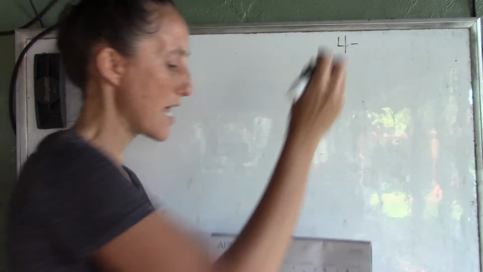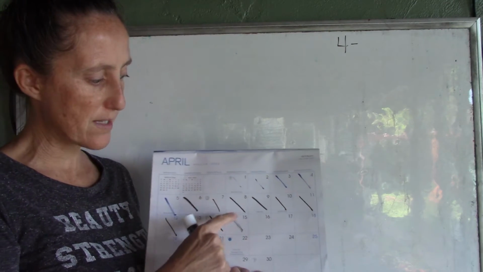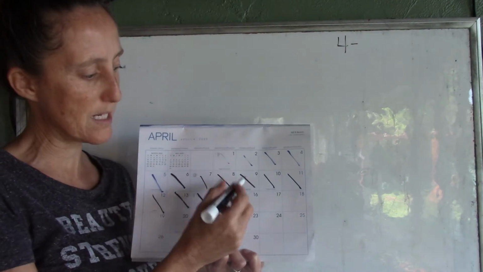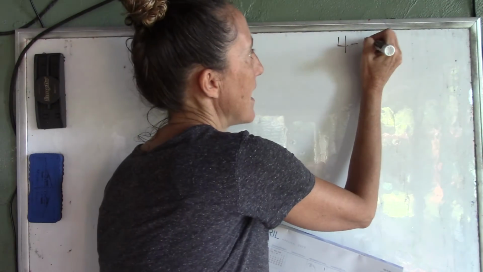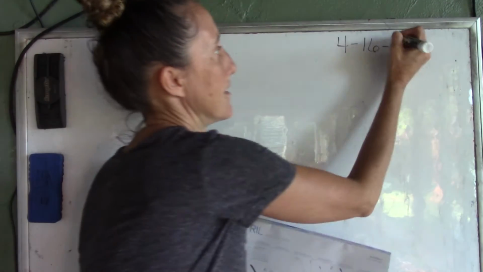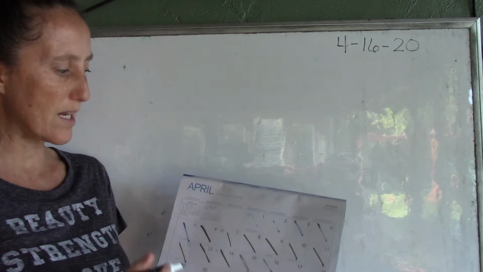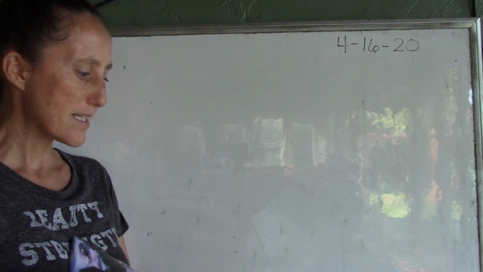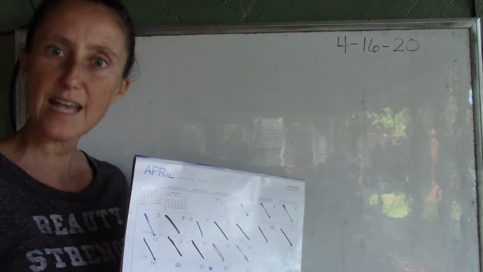Okay, so 4. And then it is, what yesterday was 15, so which means today is 16. And it's still the year 2020. Got it, 20. So April 16, 2020, and the days of the week are Sunday, Monday, Tuesday, Wednesday, Thursday, Friday, Saturday.